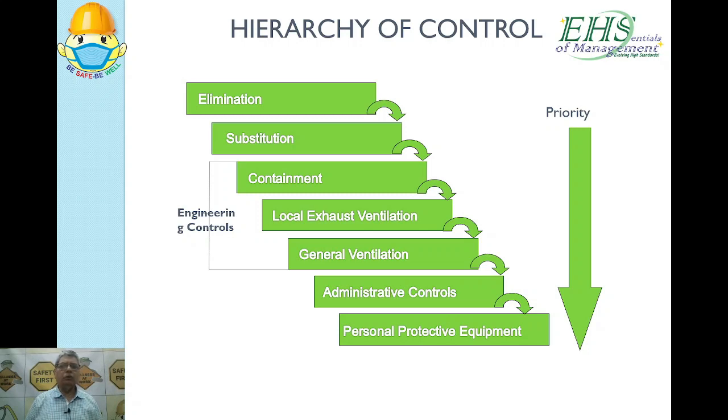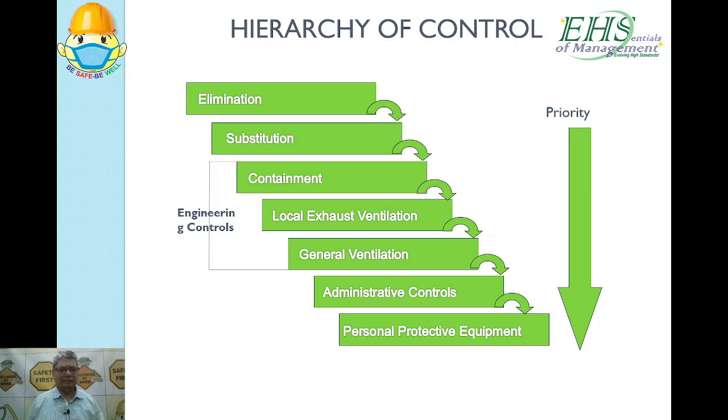So what you do is try to substitute, maybe the process, maybe the material. We'll discuss each step separately, exhaustively. If elimination is not possible, go for substitution. After substitution, if the risk still remains, then you have to create the engineering controls.